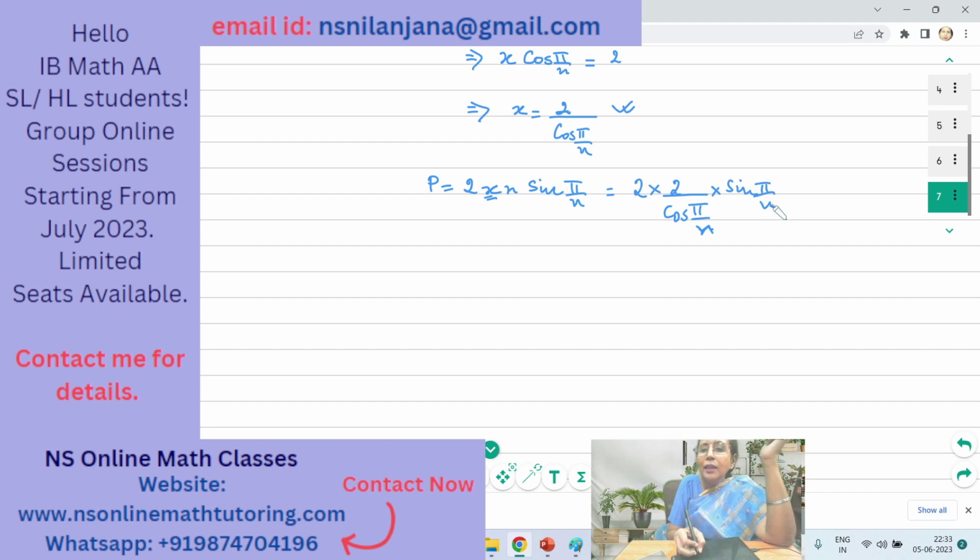Now I think you are seeing the tan function. This is sine pi by n over cos pi by n, which will be tan pi by n. Okay, and there should be the n also. So this is equal to 4n tan pi by n.